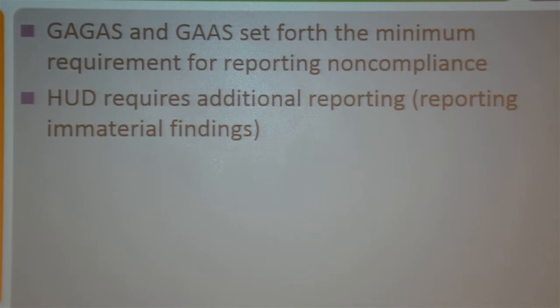Now, HUD certainly requires some additional things because they require this reporting of immaterial or non-material noncompliance. I don't like to say immaterial, because I may have something completely immaterial that I'm not going to even highlight at all. Okay, it's $20. So I call it non-material noncompliance.